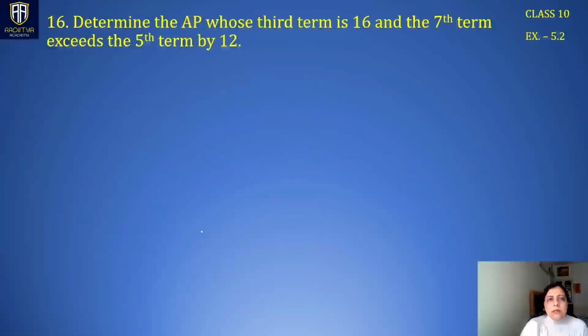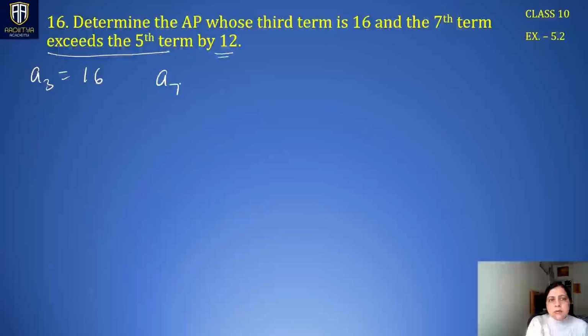Next we have: determine the AP whose third term is 16 and seventh term exceeds fifth term by 12. Determine the AP whose third term a3 is 16 and the seventh term, that means a7, exceeds the fifth term by 12.